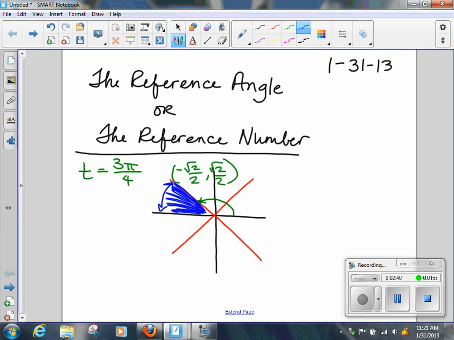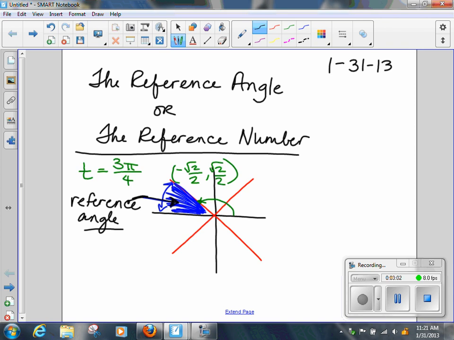Do you guys agree with that? Okay? That portion, that angle, let me do that again. That angle right there, that's the reference angle. The reference number, okay, if you will.